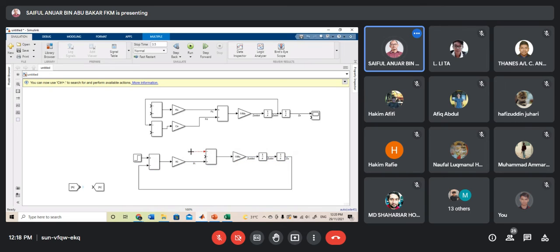Ini saya label ni as access. Sama juga saya tak nak ni. So ini kita letak, so make sure you label lah dia punya map ni.